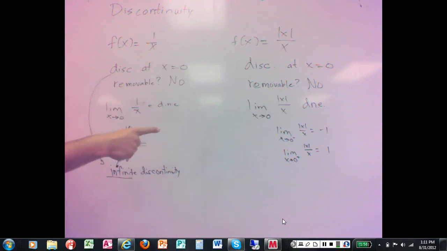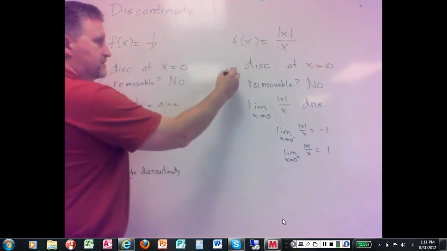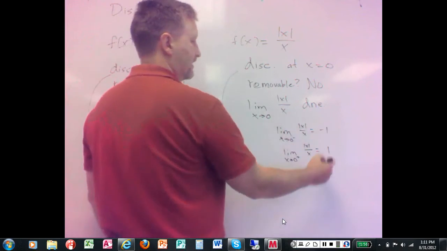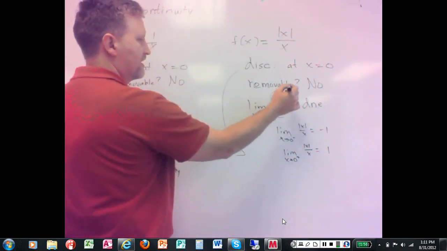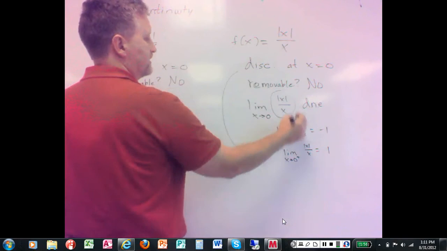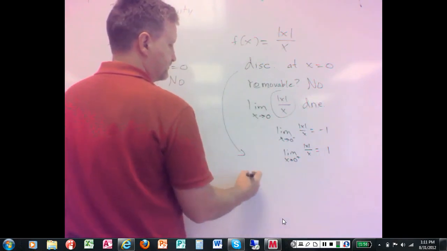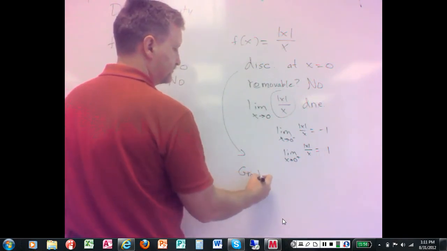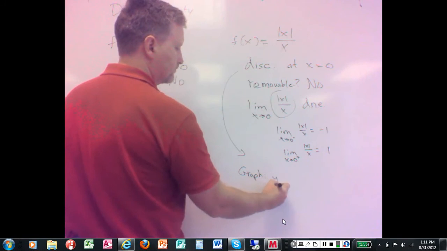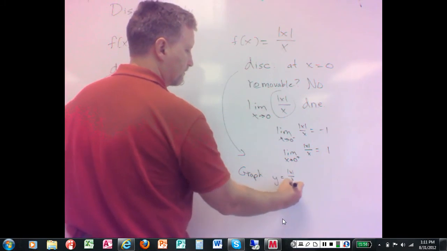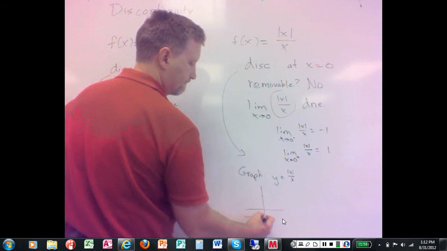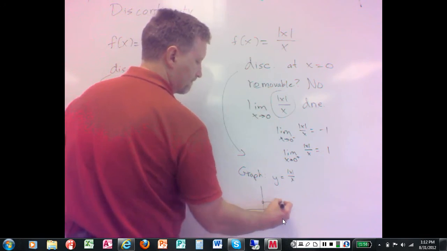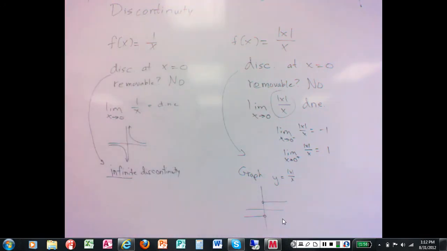Now, like this one is infinite. This one's not an infinite discontinuity. If you take a look at the graph here of the absolute value of x over x, it was that.